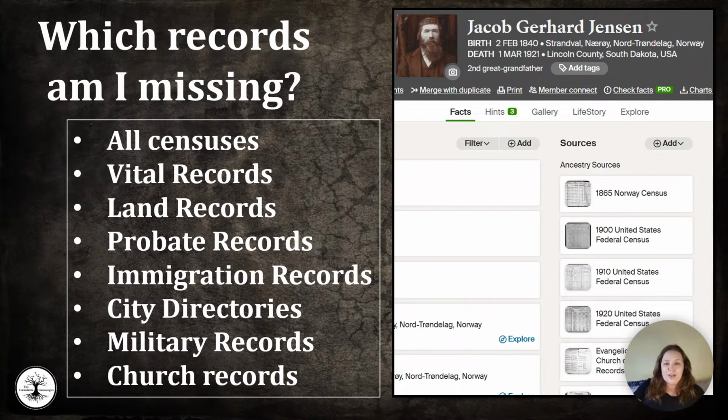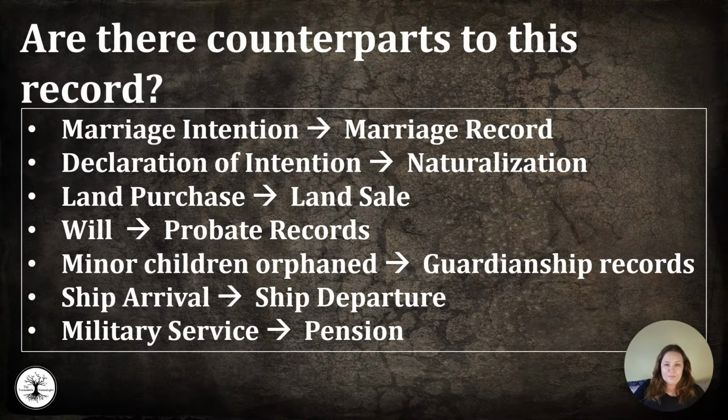So try to collect all of those records first. Learn to train your eye to see which records you should reasonably have for a different time and place. Use a Family Search Wiki or Ancestry or the Family Search Catalog to determine which records are available for that time and place in which your person lived, and then collect them all.